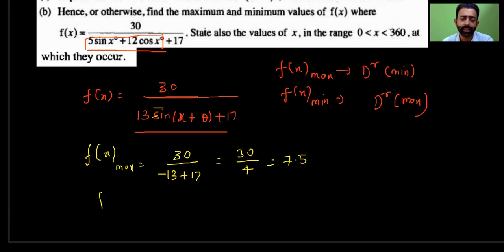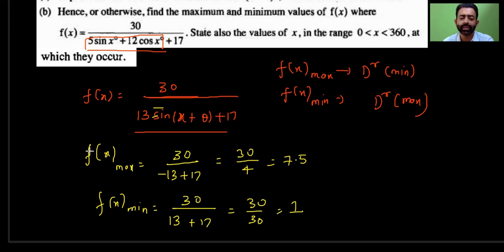Similarly, f(x) minimum will be obtained if the denominator is maximum. That means sin(x plus theta) is maximum, which is +1. So 30 upon 13 into 1 plus 17 is again 30. So 30 upon 30 is just 1. So the minimum value of f(x) is 1, and the maximum value is 7.5.